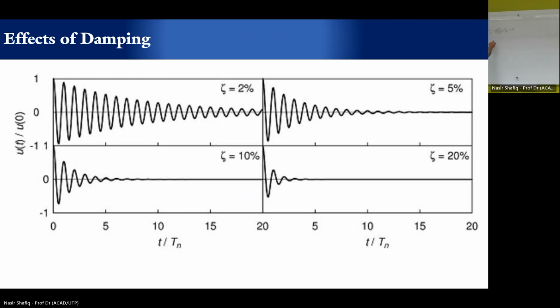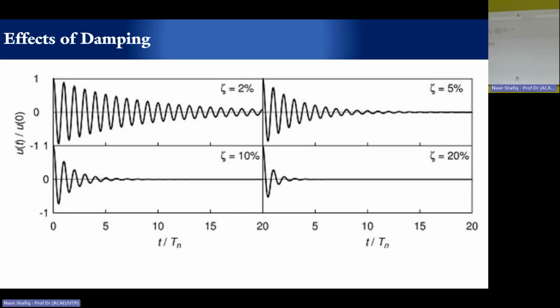And most of the structures, depending on the mass distribution in the structure and the stiffness given, exhibit natural damping.